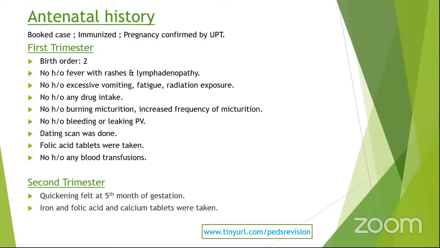And if there is any history of any drug intake, which may act as teratogens and can affect the baby. And history of any burning micturition or increased frequency of micturition to rule out any urinary tract infection. And for determining the gestational age, I'm doing a dating scan, and folic acid tablets I'm giving in order to prevent neural tube defects in the child.